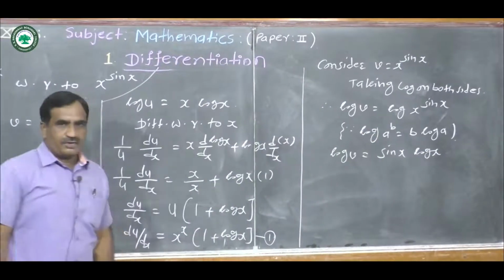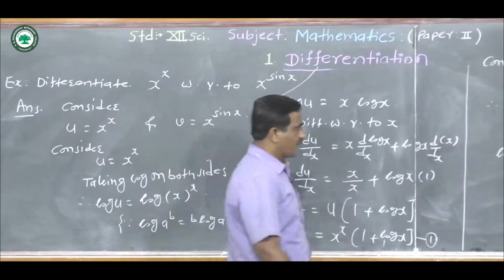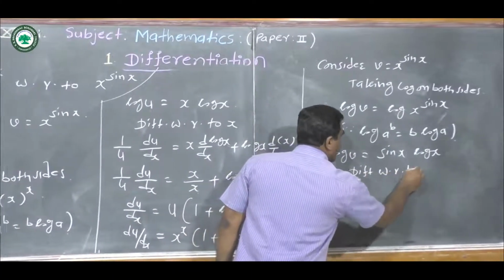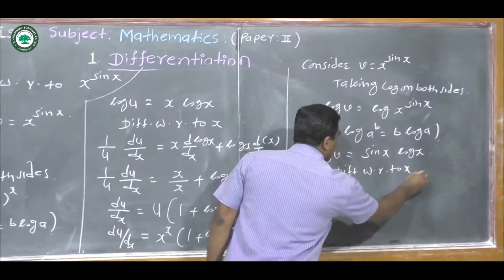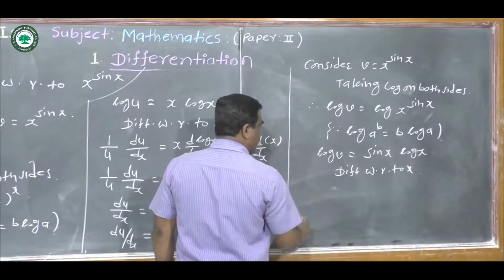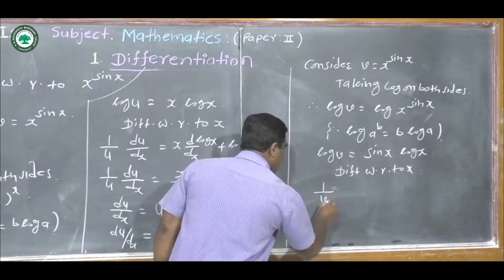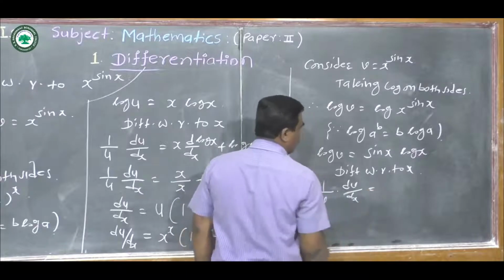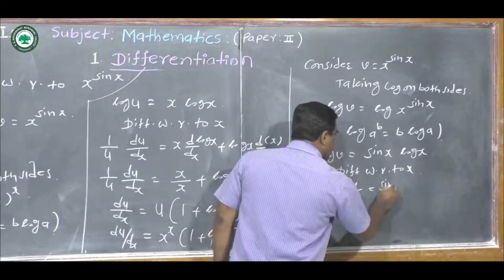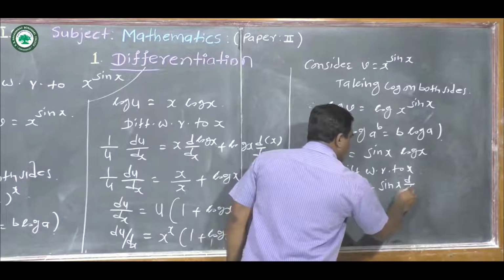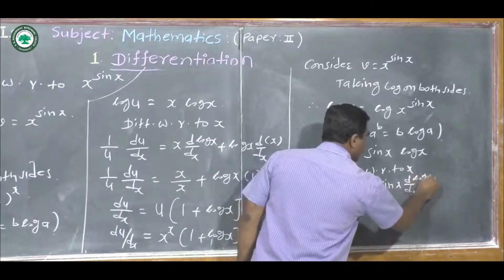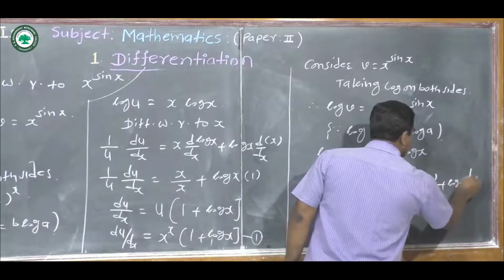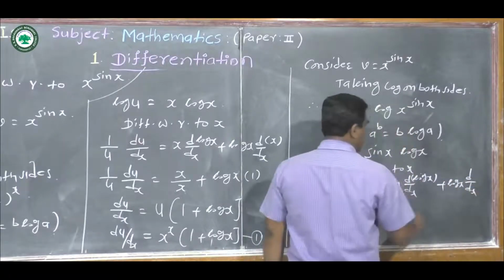Now we can take the derivative here, differentiate with respect to x. Derivative of log v with respect to x is 1 upon v into dv by dx equal to, here use the product rule: first function as it is into derivative of second function plus second function as it is into derivative of first function sin x.